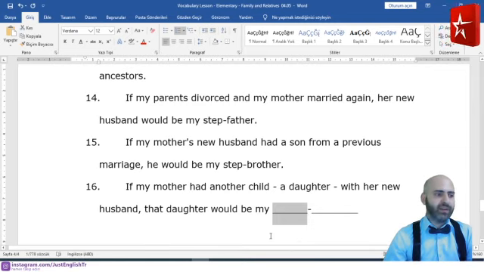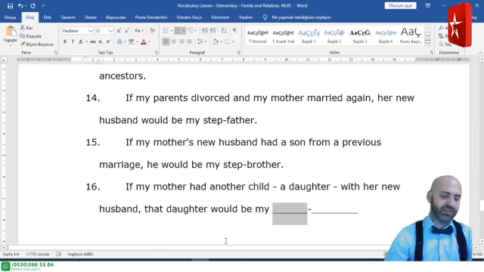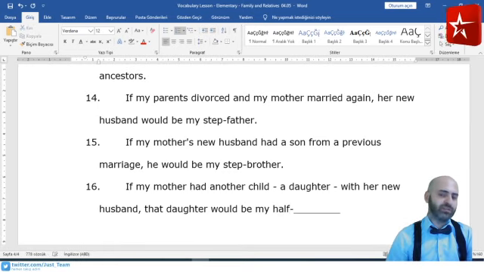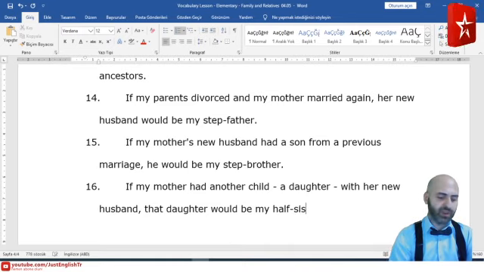This one depends on culture, I guess also, because in some cultures, we say for this one, half sister, but for some cultures, we don't use the word half and directly you say sister for this kind of relationship, okay?